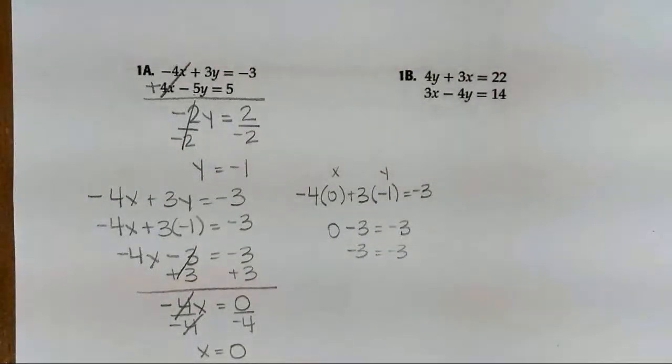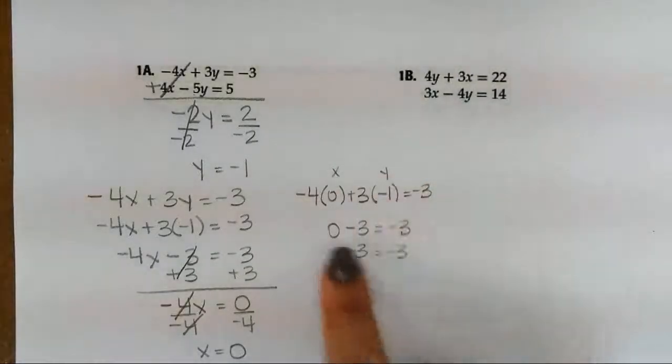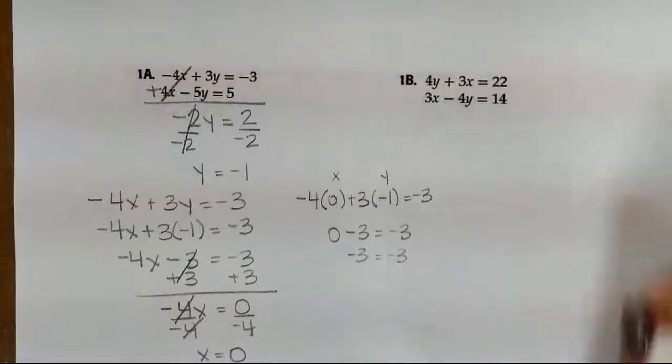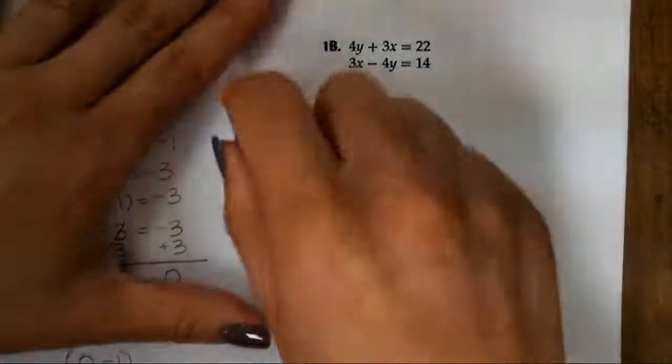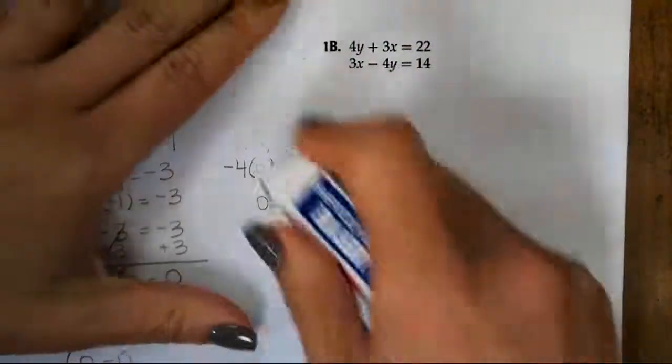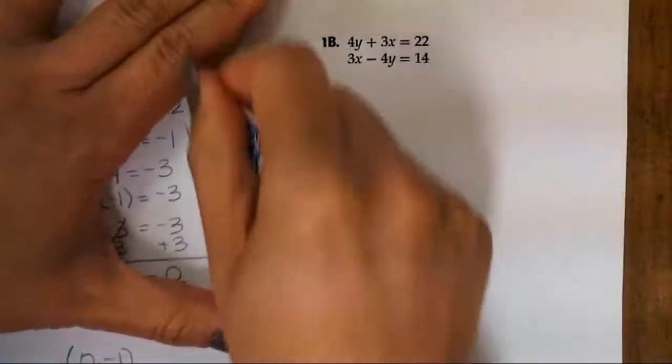So if you ever get to the point that you're not sure if you're doing something right, go back, check your work. Okay, it takes 2 seconds and it gives you peace of mind. Okay, so I'm going to erase this because I don't have a lot of space over here. I'm going to erase that for right now and then go on and do the next one.